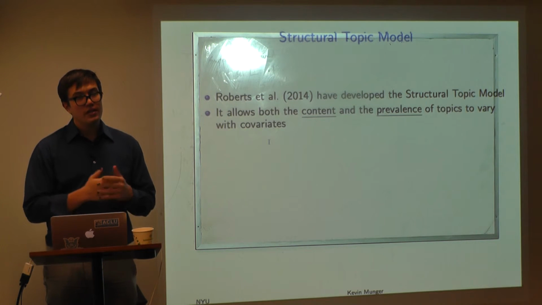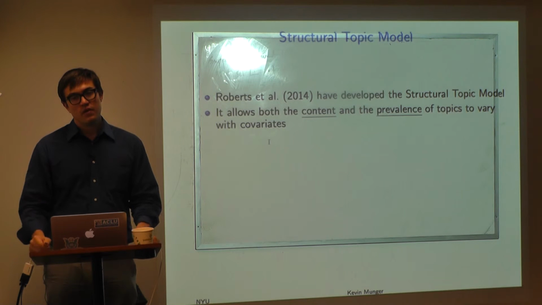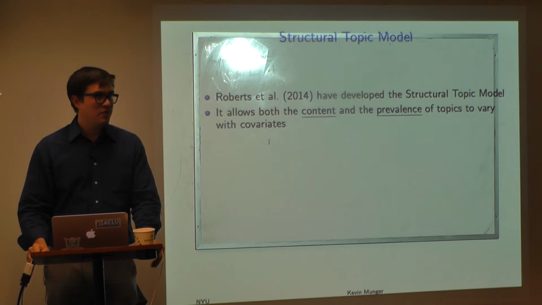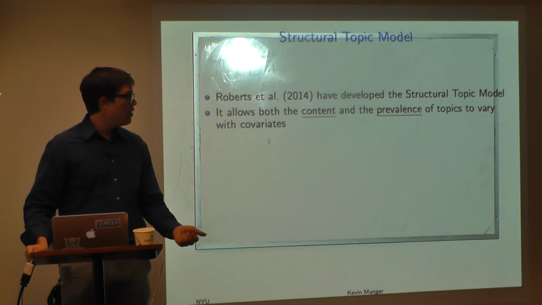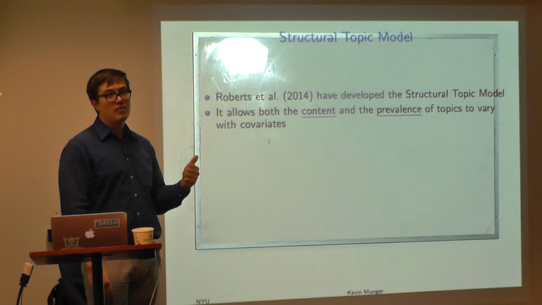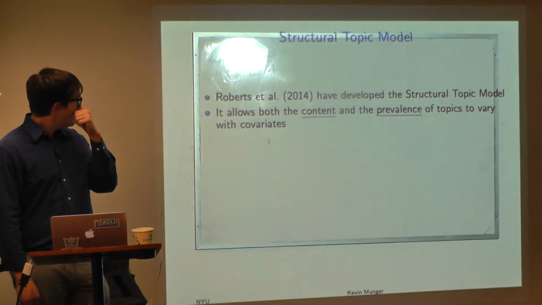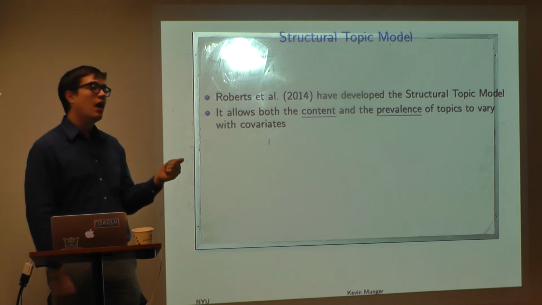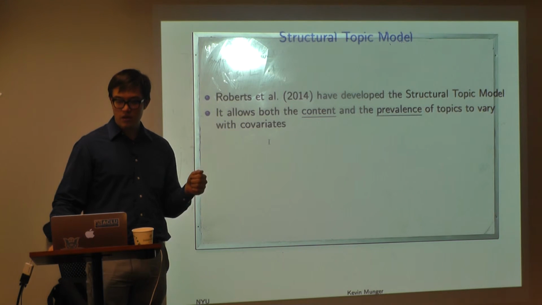So when you're actually in the process of trying to infer these latent values, the distribution of topics over words and words over topics, and topics over documents, we can actually model covariates about the documents. Rather than just looking at those documents separately afterwards, we can see how the content of the topic varies according to some covariate.